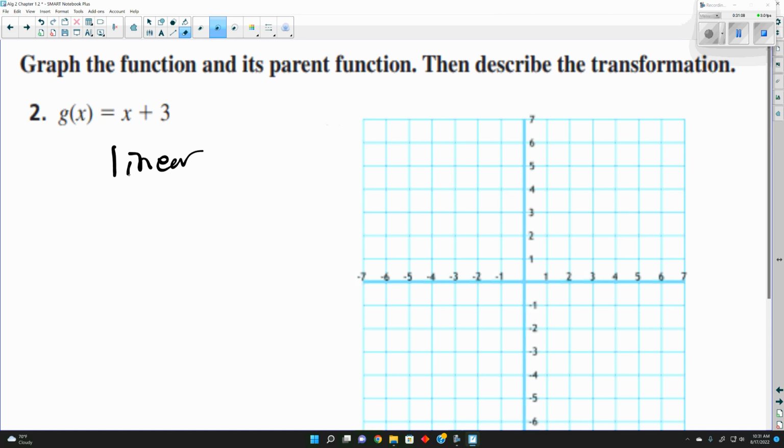Is that going to be left, right, up, or down? Up. It's going to be up and down because it's not inside parentheses or absolute values. So we're talking about up or down. And exactly, it is up 3. Because if it's outside parentheses or absolute values, it's exactly what we see or exactly what we think. Since it's positive, it is up, and it is up 3. That's it. Because we would need the negative.